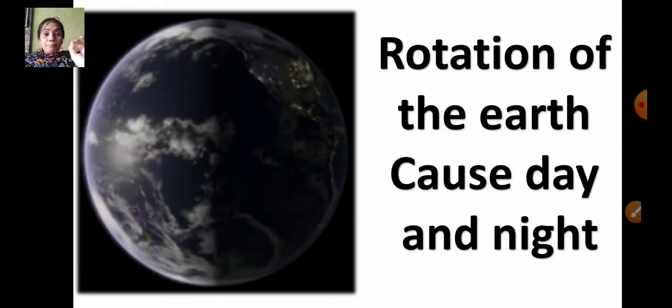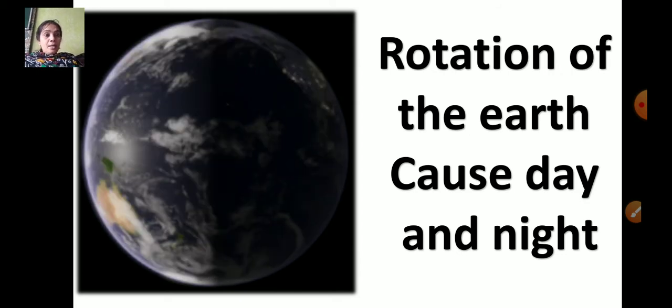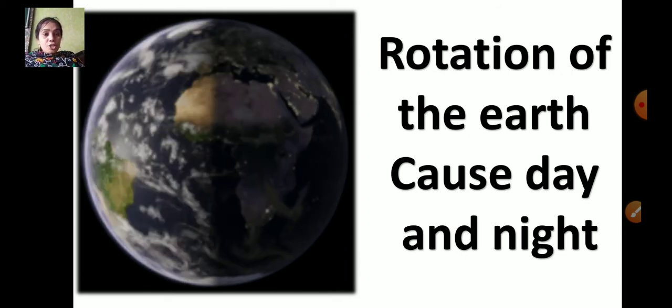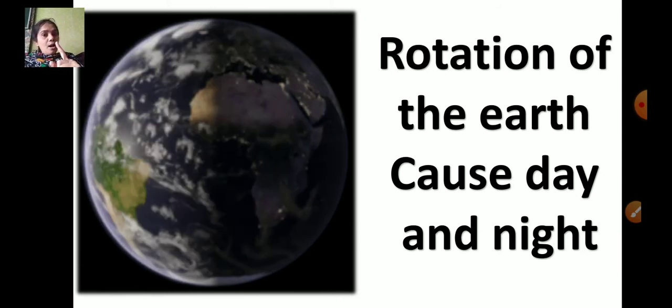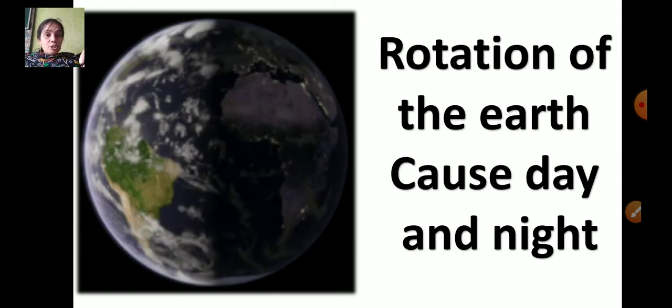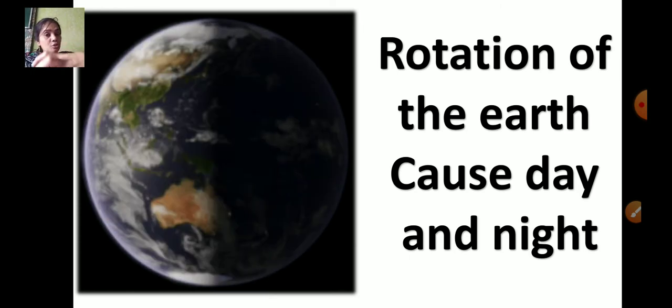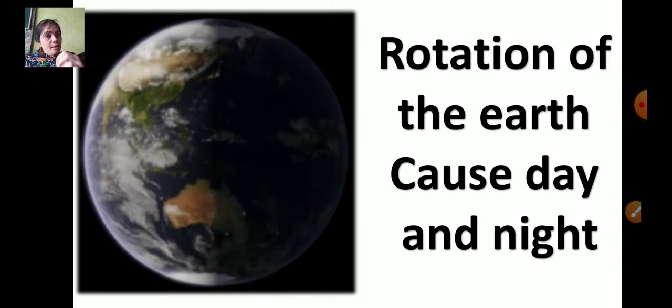The earth completes one rotation in 24 hours. So in one rotation we have day also and night also. The rotation causes day and night.